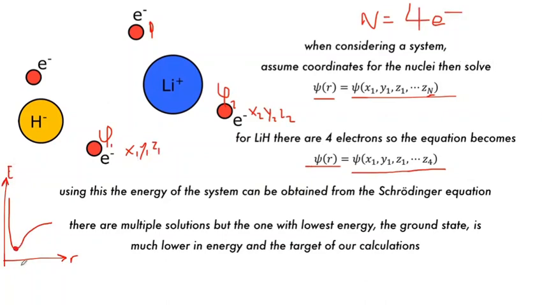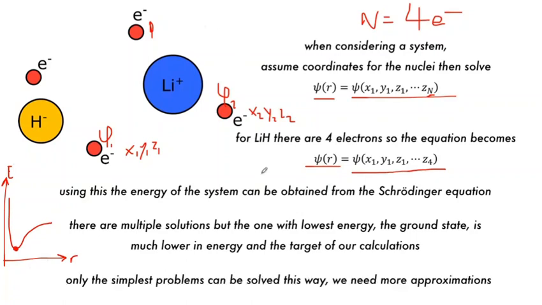We're trying to find this minimum energy point where the wave function gives us the lowest energy. And there are algorithms involved in the overall system, which allow the energy to be calculated for different positions.